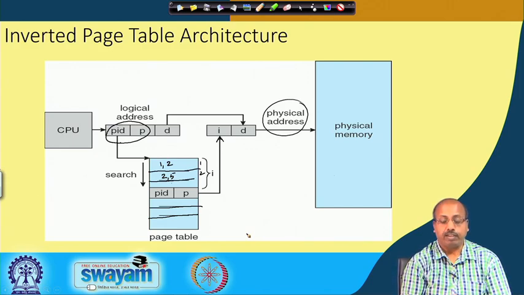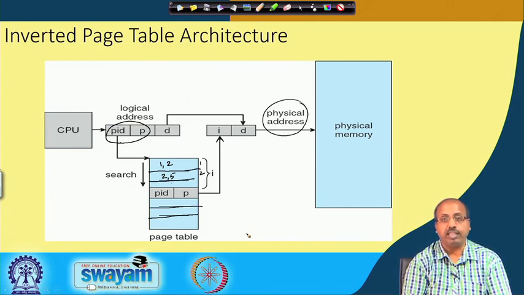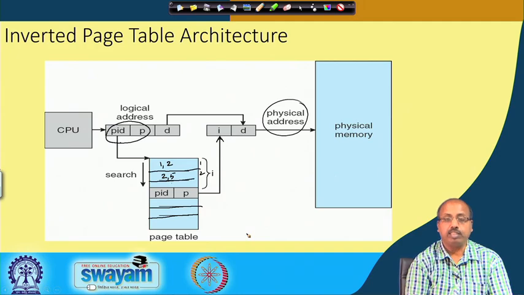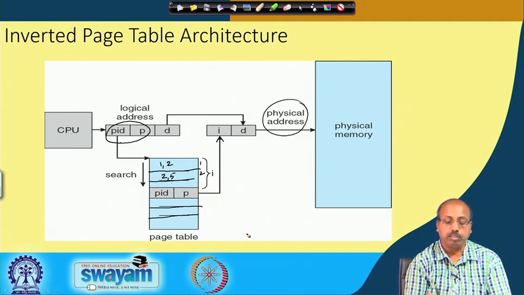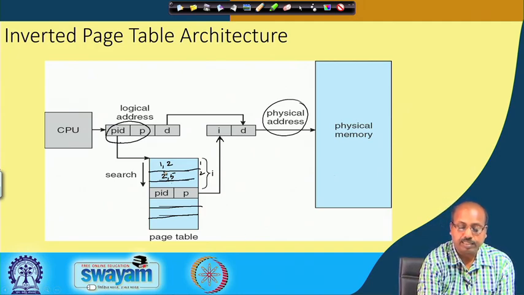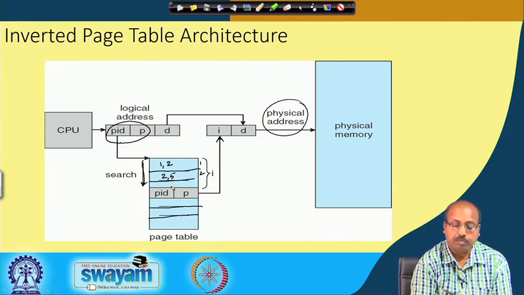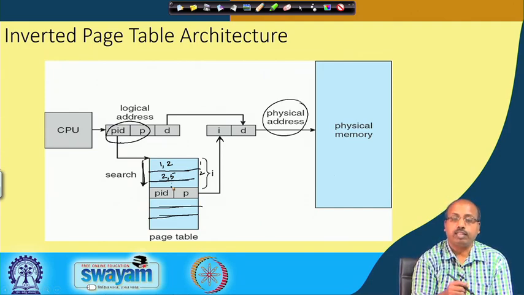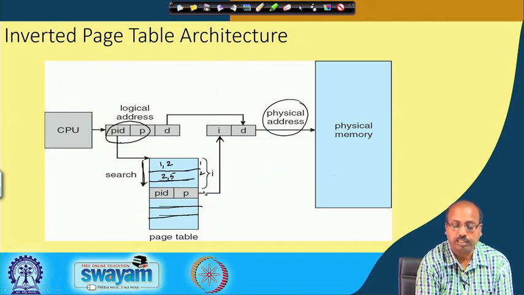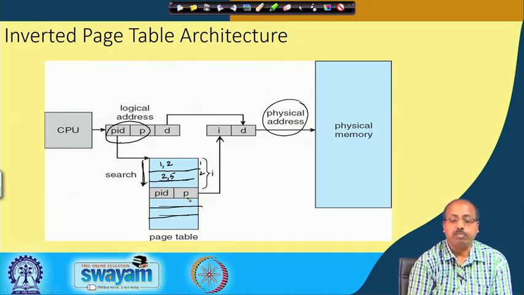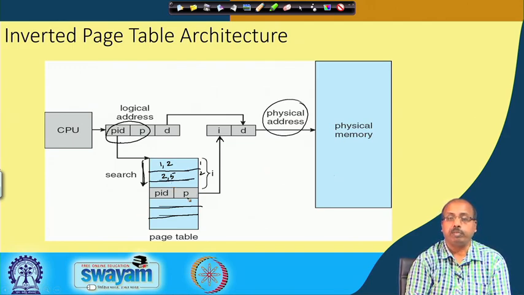The advantage is that, but the difficulty that we have is searching this page table, because you cannot have any other search method. You have to look from the beginning and search for this PID P combination. Of course, you can do something better by having some hash. If you do a hash function calculation, that may be utilized, but that is again cumbersome because there may be collisions.